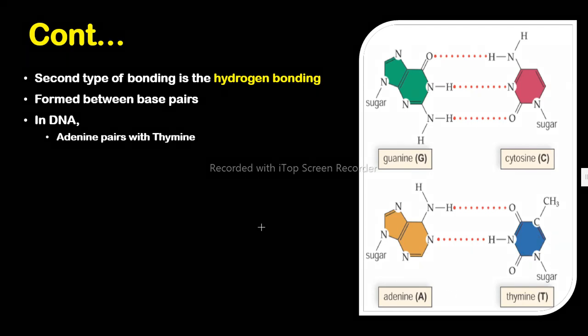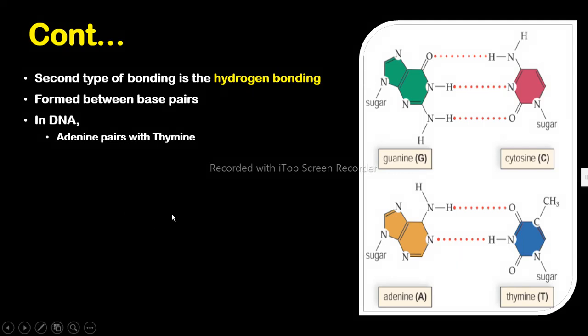A pairs up with T. If you understand this, then trust me, you'll be good to go. And then base guanine will pair up with base cytosine. Base G is going to pair up with C.